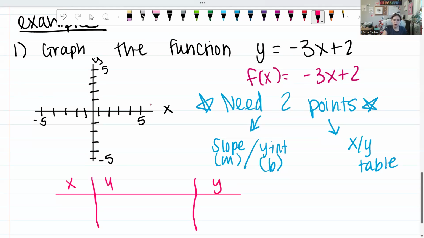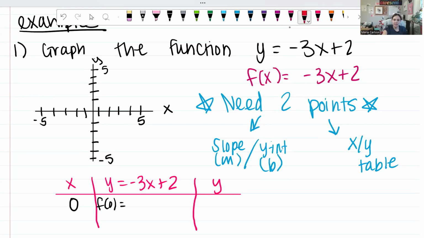And our equation is y equals -3x plus 2. So I need 2 points. I'm going to pick nice numbers. I'm going to start with 0. 0 is always my favorite value to use as x because it cancels things out. So our equation f of 0 is the same thing as letting x equal to 0.